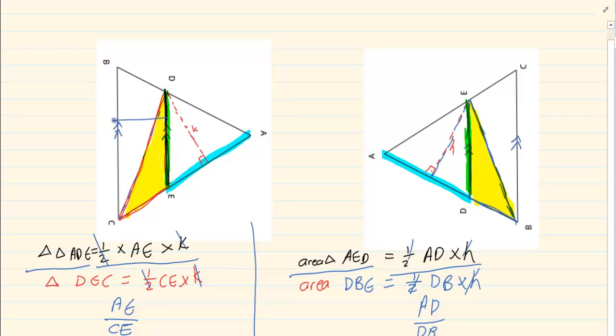Can you see this parallel line? Now what do we know? These two triangles have the same base, DE is a common base. And if the height is between two parallel lines, then the heights are the same. So what can you tell me about the area of DEC and the area of DBE?